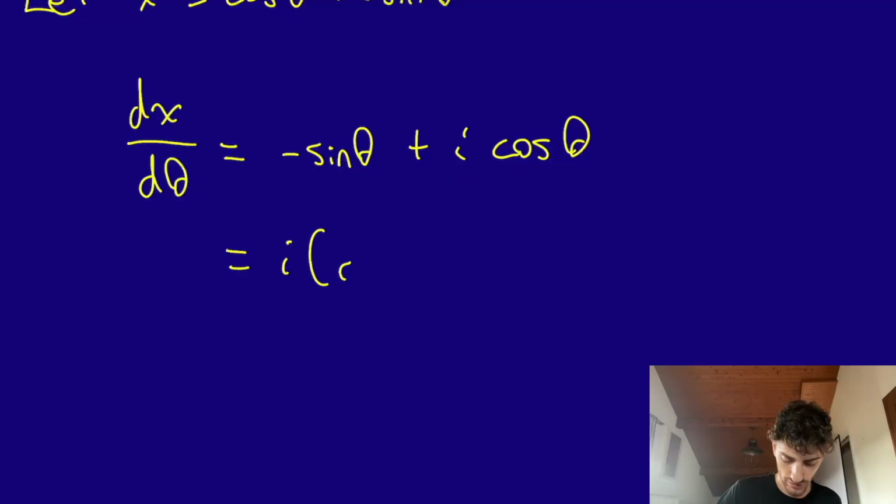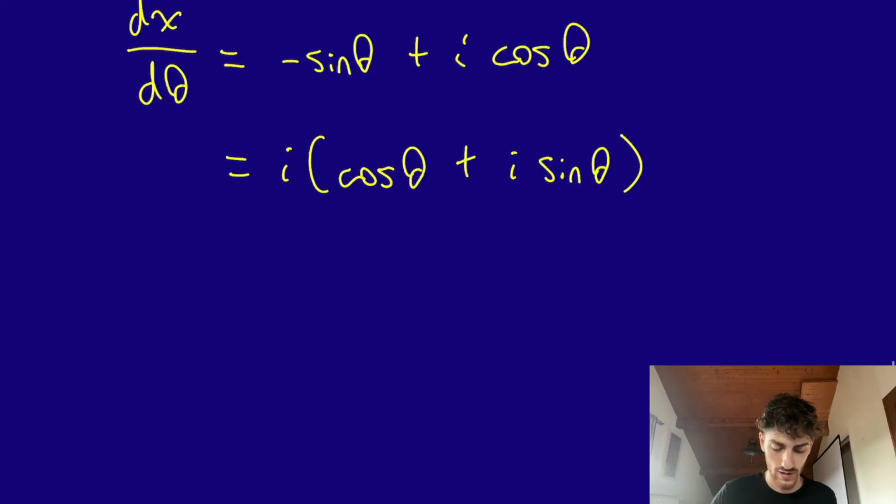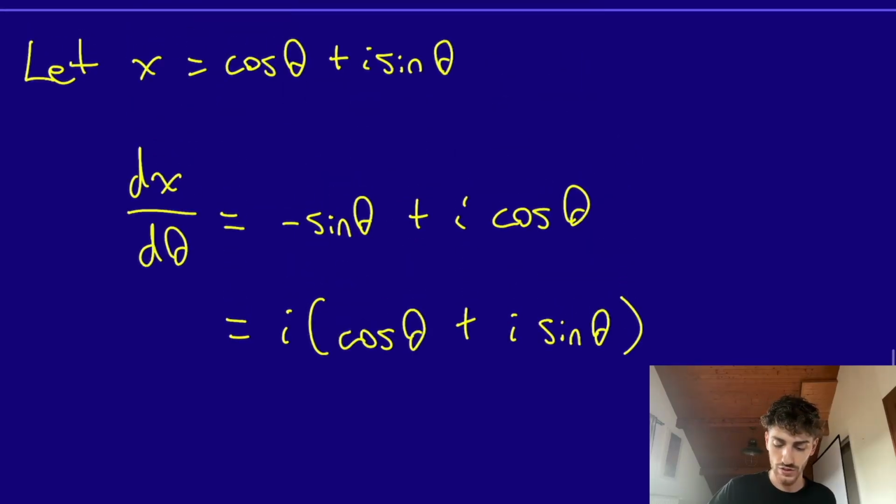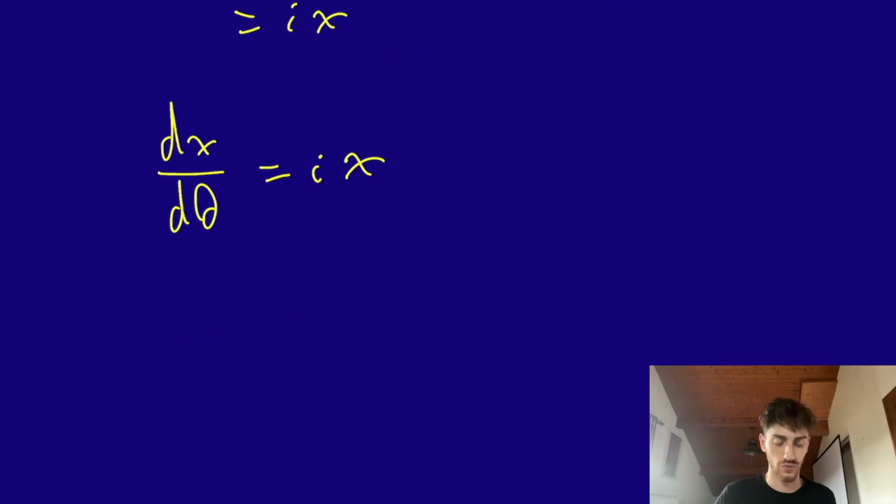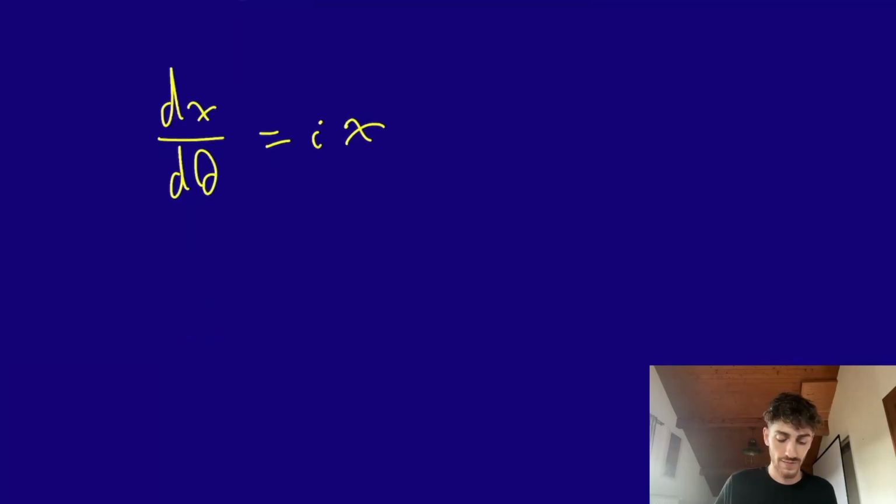So that's going to be cos theta, and then when I take an i out, this is going to become i sine theta, because when I bring the i back in, i squared is negative 1, so this will turn back into negative 1. Hopefully you can notice that this is the same as x. So actually what we have here is i times x. So the derivative of x with respect to theta is i times x.